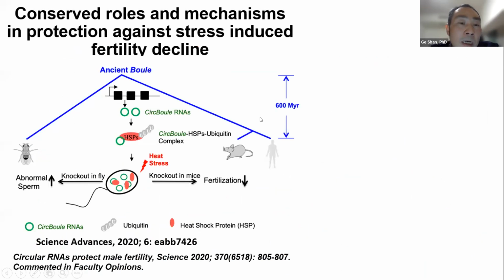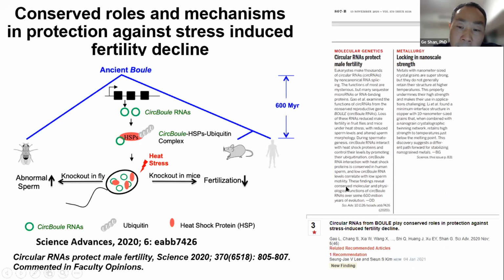So what we found is a circRNA conserved for about 600 million years from fly to human, and it promotes male fertility against heat stress by promoting the polyubiquitination of heat shock proteins. This paper is already published and was commented on by Science and Faculty Opinions.